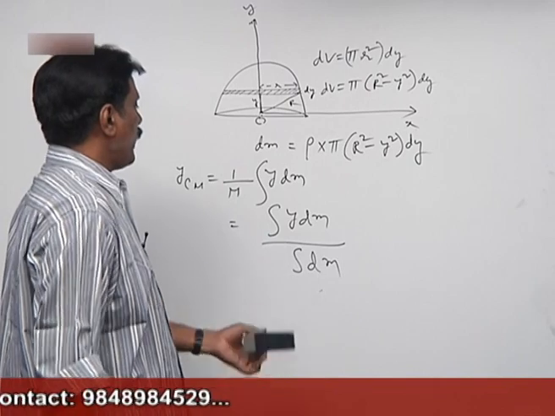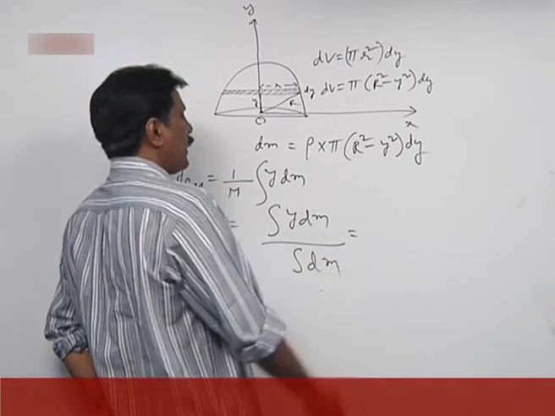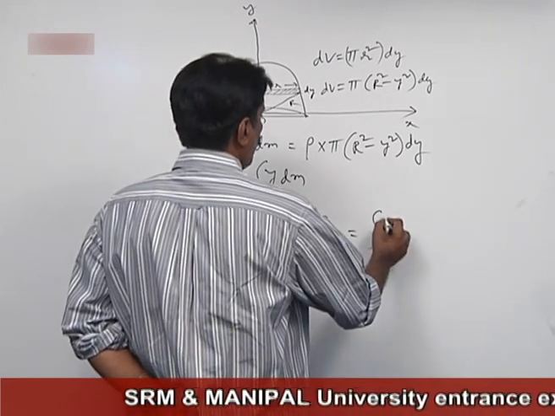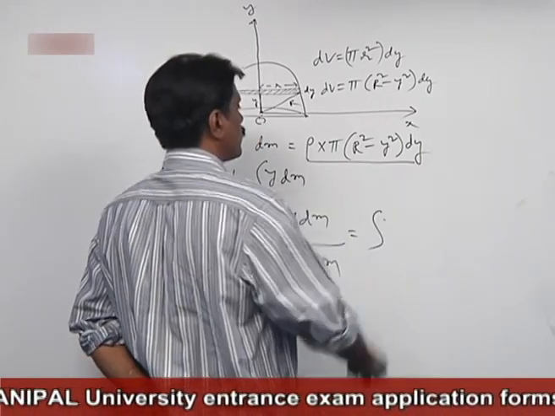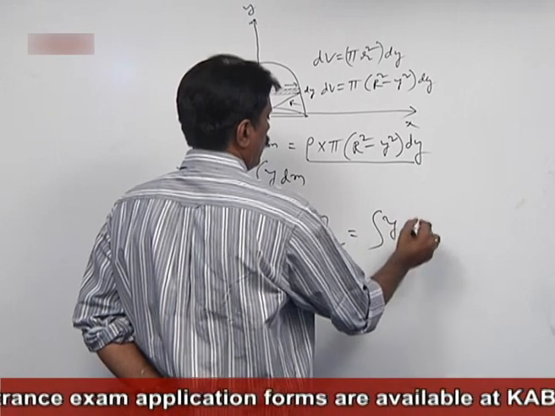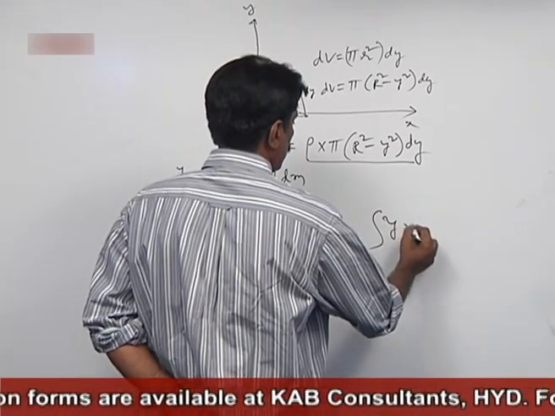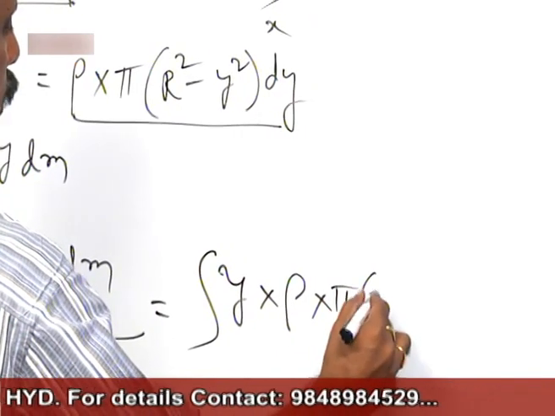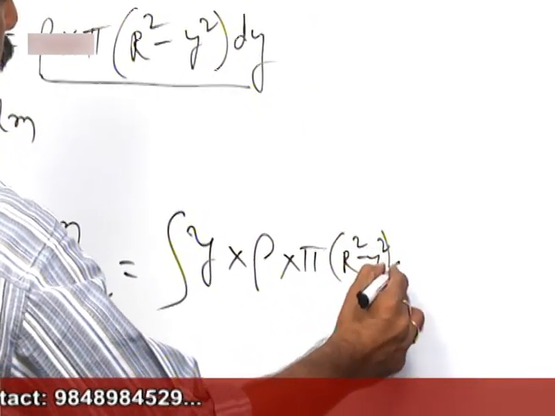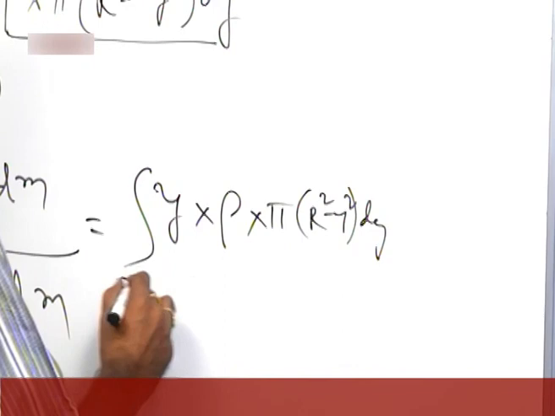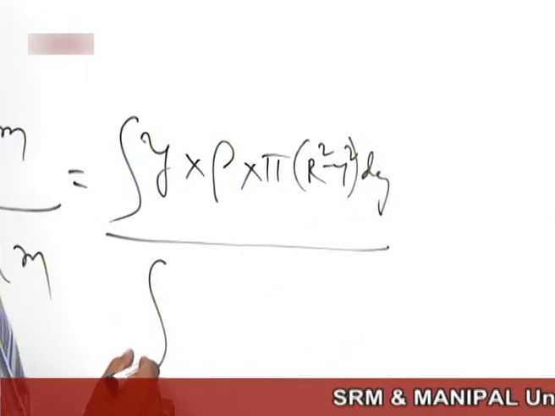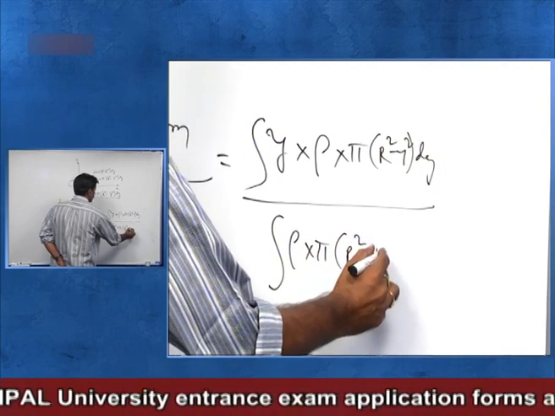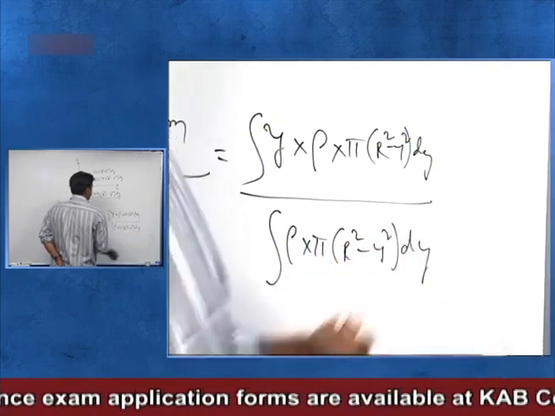These are the same formulae. Integral y dm means integral of y into rho into pi into (r square minus y square) dy, divided by integral of rho into pi into (r square minus y square) dy.